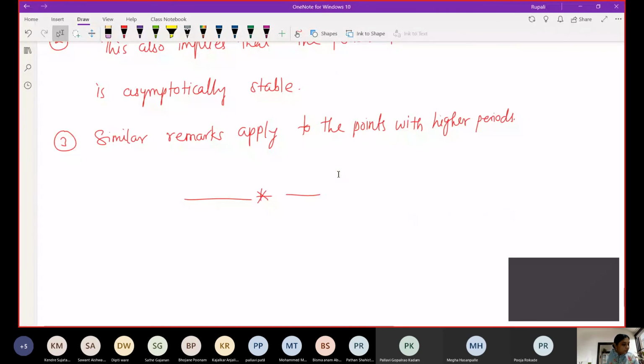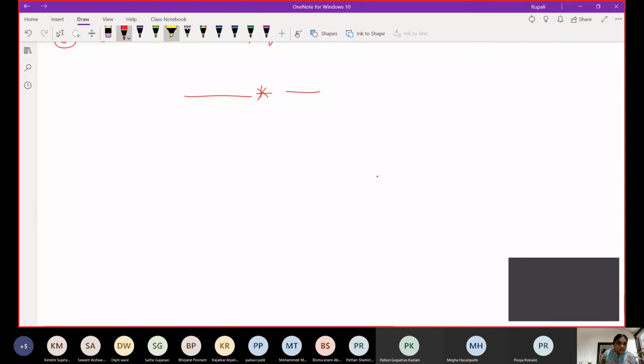So we can take one exercise, 4.35 and 4.36.